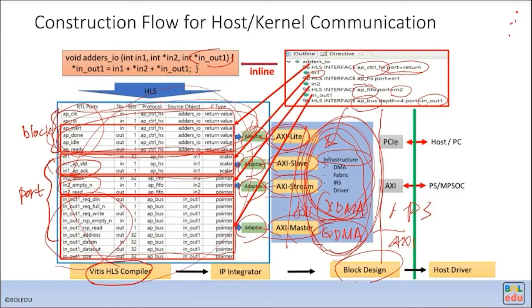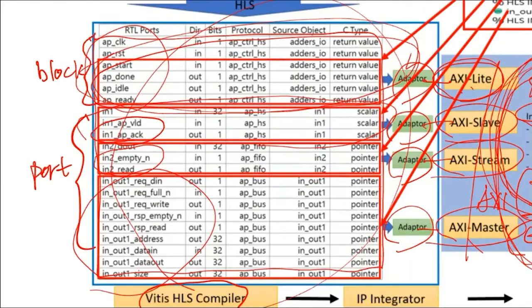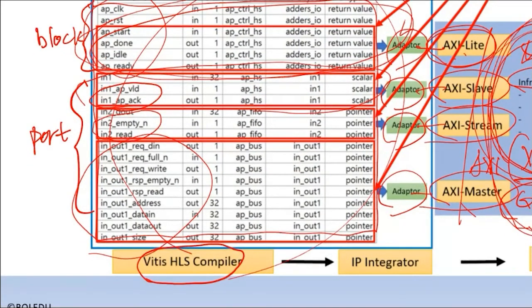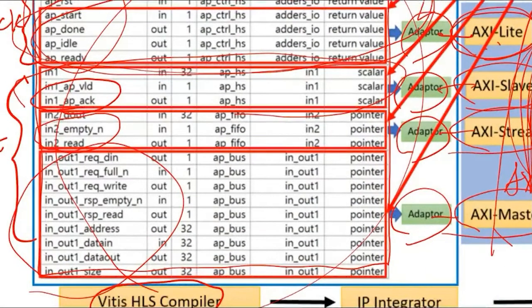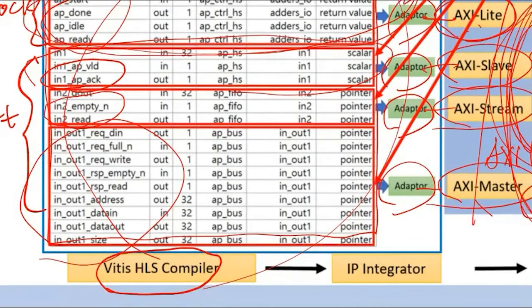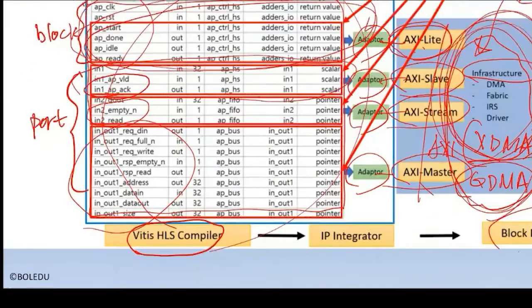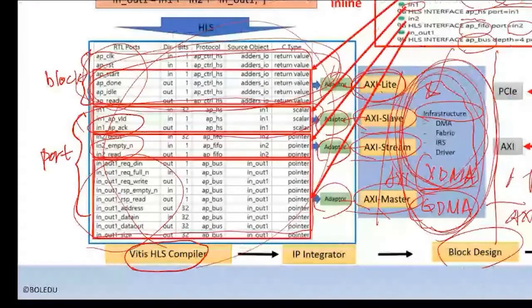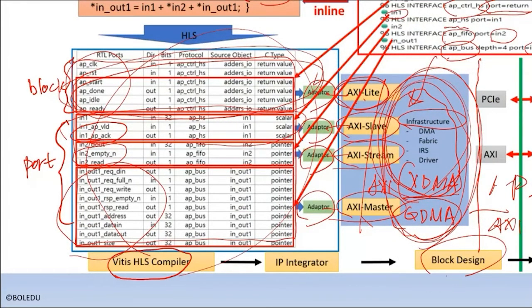Okay, so look at those interfaces here: AP start, AP done, and if it's a FIFO interface, those empty, read signals, right? And AP bus. Those interfaces are the IP level interface. So you create a module using a simple interface, and then to connect these two modules, you use this IP level interface protocol. Okay.